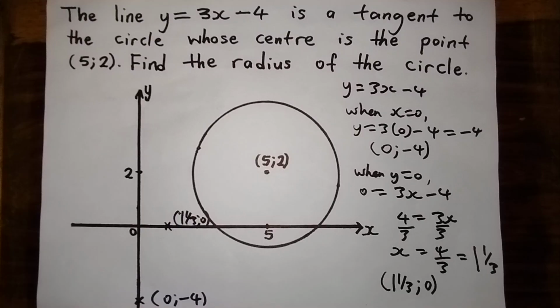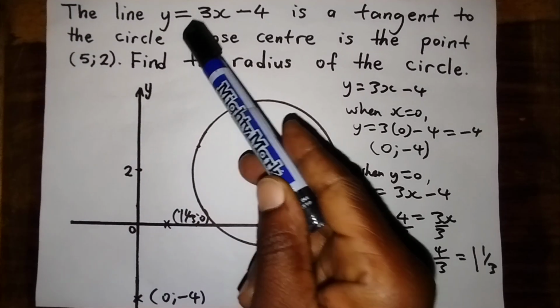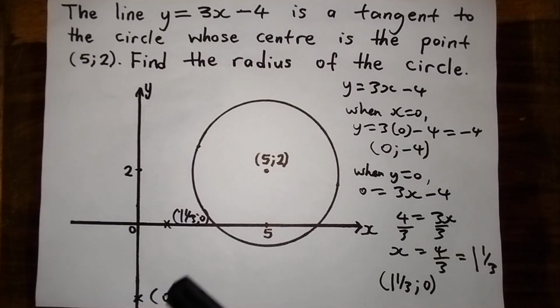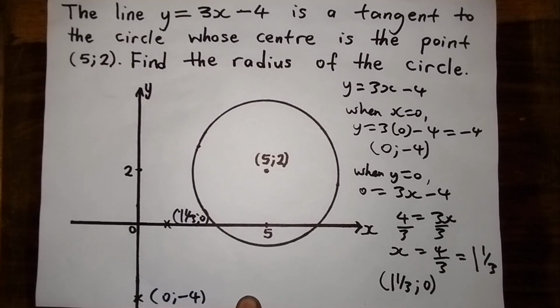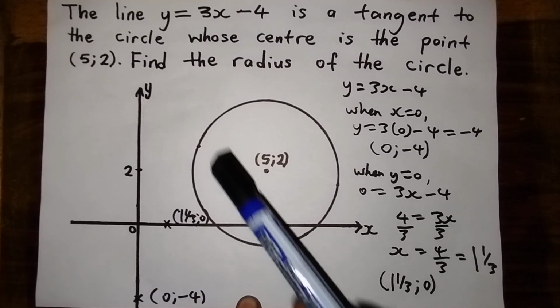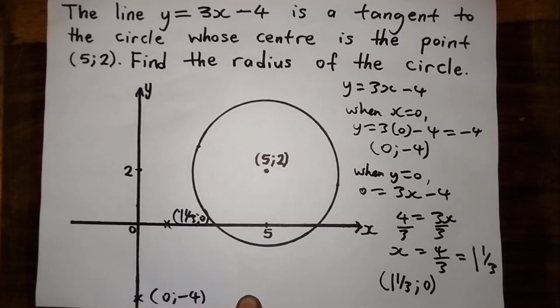So remember that the line whose equation is y equals 3x minus 4 is a tangent. So I'm going to join these 2 points until I touch the circle for me to draw the tangent whose equation is y equals 3x minus 4.